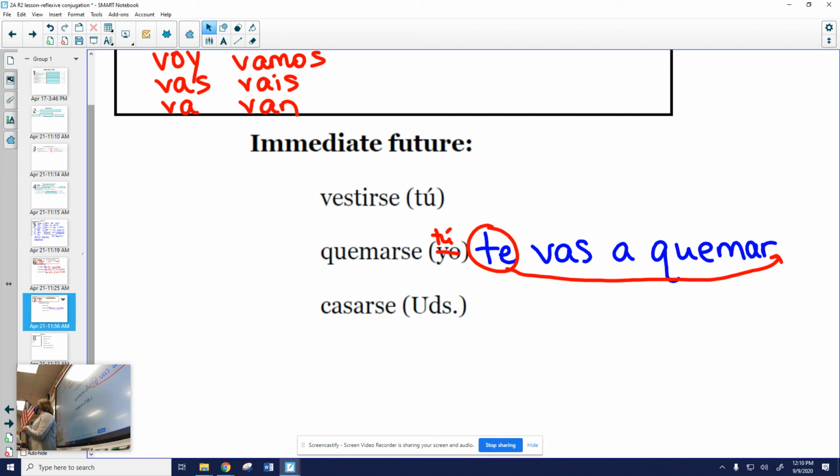So for all infinitive verbs, the heavy syllable is the last one. For example, vestir, quemar, casar. The verbal stress is that last syllable that ends with an R. So we don't need to add a written accent mark because the stress is already on that AR at the end.